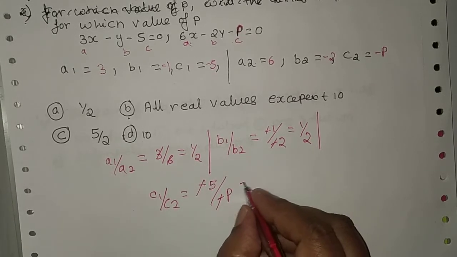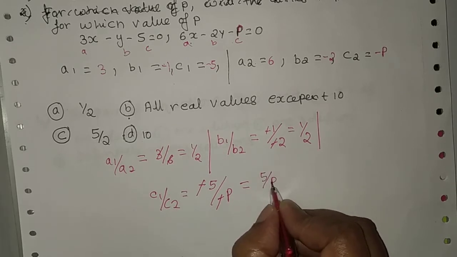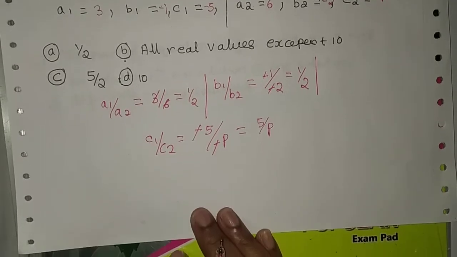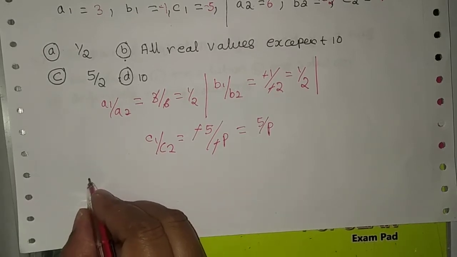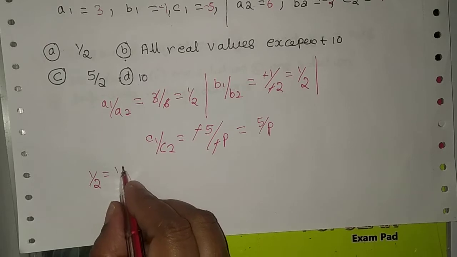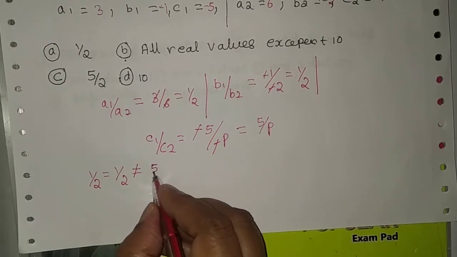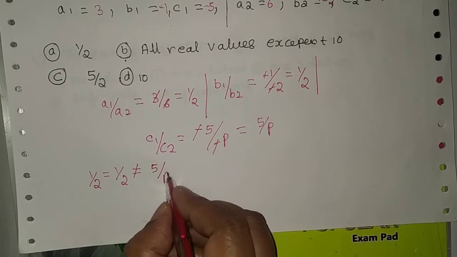Here minus minus cancels, and we get 5 by p. So what is the condition now? We are getting a1 by a2 as 1 by 2, b1 by b2 as 1 by 2, which is not equal to 5 by p.